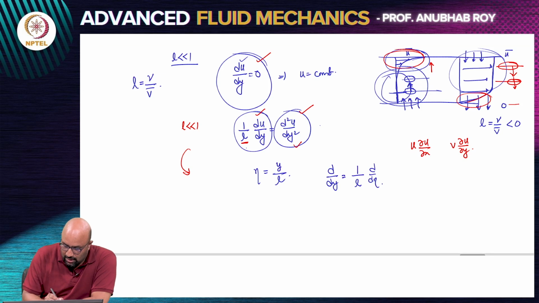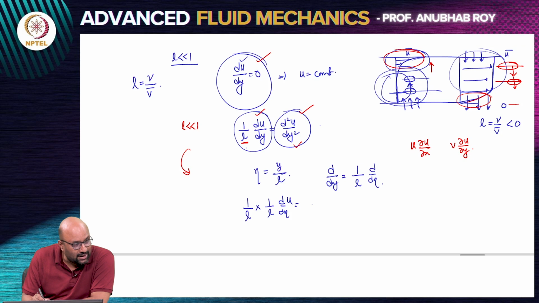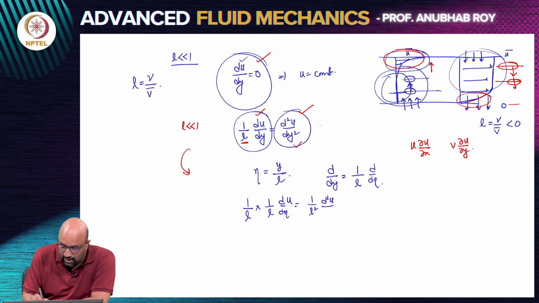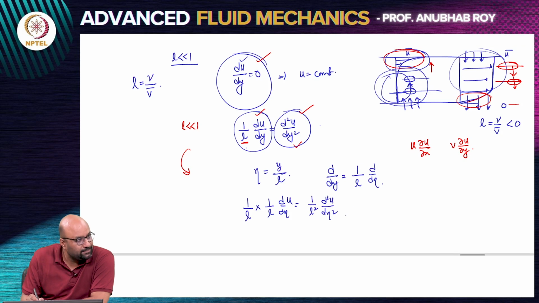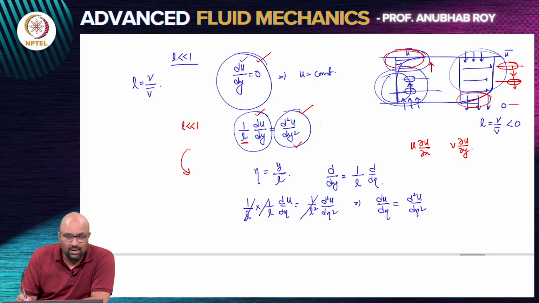So on the left hand side, I will get 1 by L into 1 by L d d eta of u, and on the right hand side, I am basically going to get 1 by L square d square u d eta square. So what do you get? You get du d eta is equal to d square u d eta square. Now, there is no L in the problem.